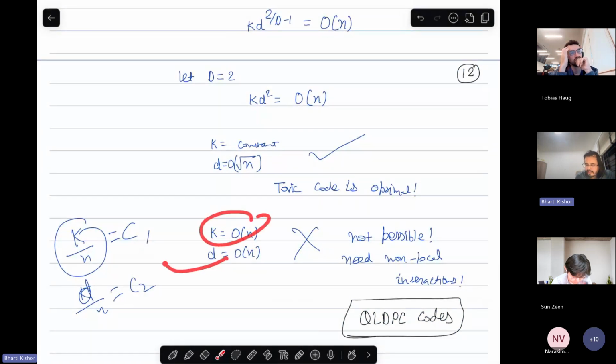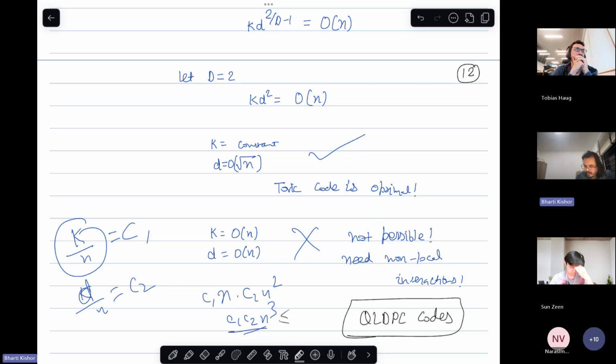But if you put it here, these numbers will be K equal to C1N, and D squared is C2N squared, which is like some C1, C2N cube. And this is not upper bounded by some factor C4N.